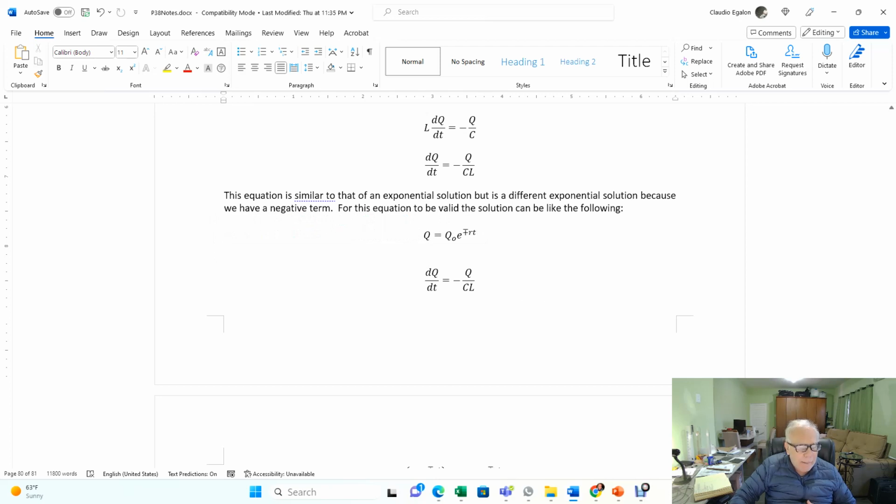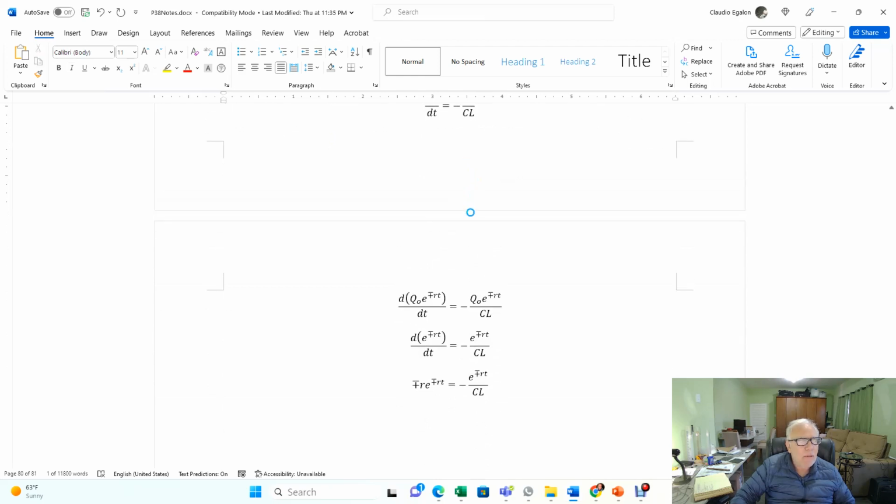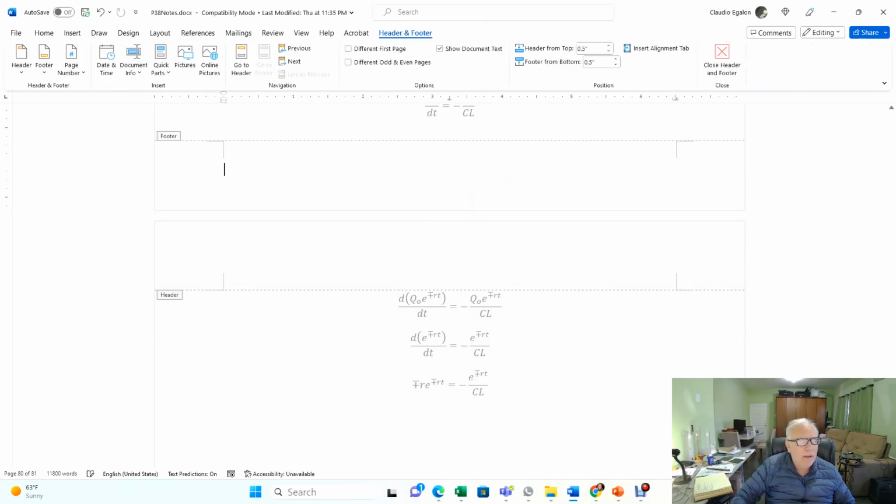We go ahead and assume that the solution is Q naught exponential plus and minus RT, where we do not know the value of R yet. We substitute that right here and here, and expand it and look at the consequence. Let's see if we can find out what R is.